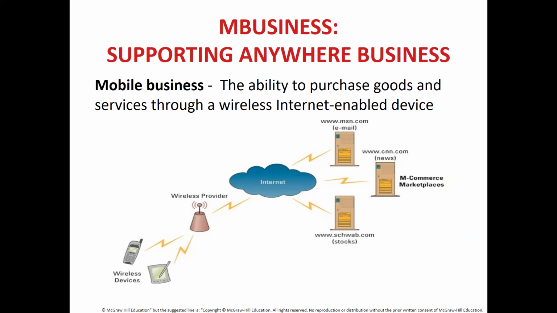Now, mobile business, do remember, it does not mean you are just holding a mobile phone only. You need an internet connection on the mobile phone. Only then you are able to conduct mobile commerce or mobile business, whereby you are able to buy and sell things online with the use of mobile phones. So only then is your M-business possible.